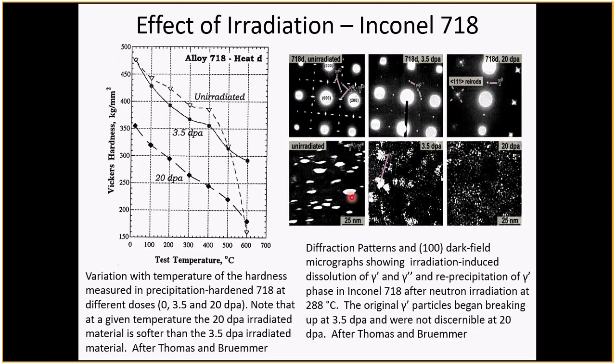So you remember I mentioned that there was another feature of the precipitation which imparts some hardening effect, and that is the fact that these ordered phases also have a different elastic modulus, there's some strain associated with them.